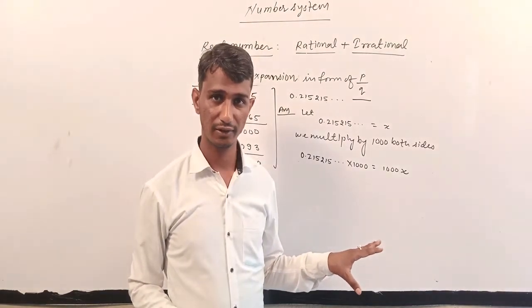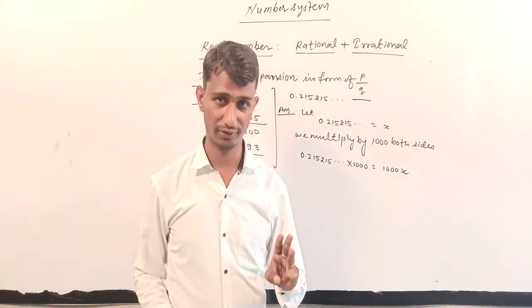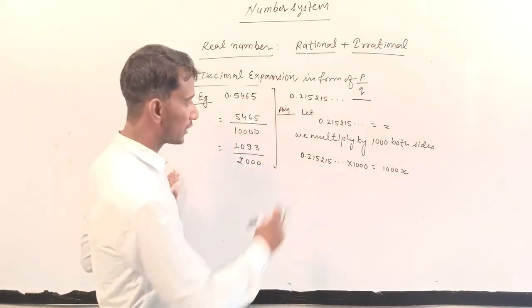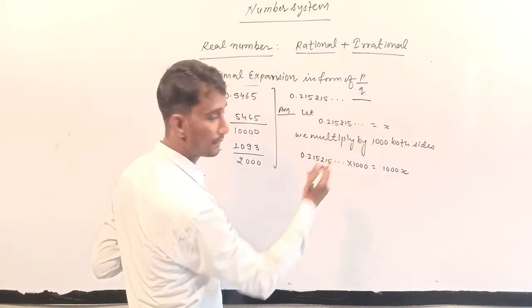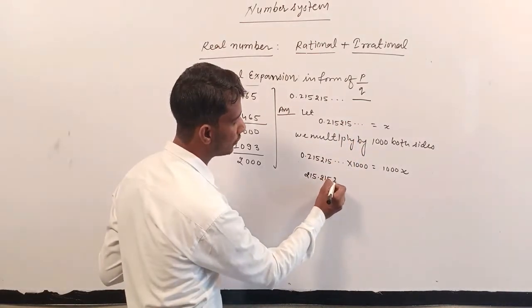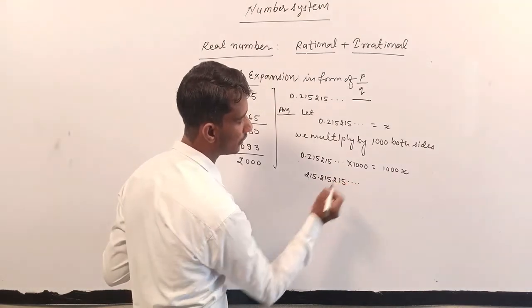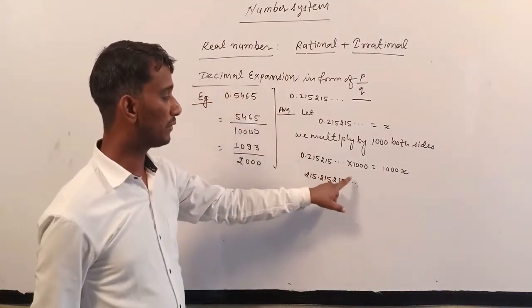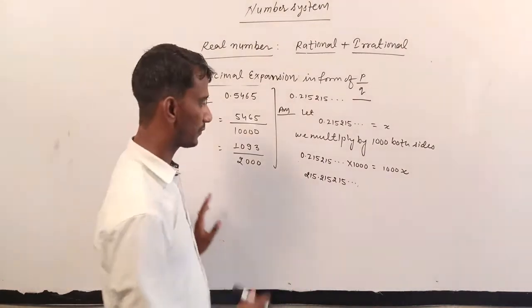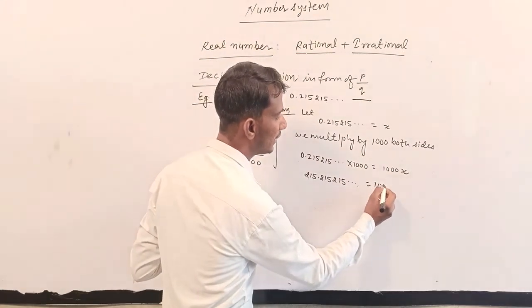How many zeros are there? 3 zeros, so the decimal moves 3 places. 1, 2, 3 forward. So we get 215.215 and so on, where the dots mean you can extend the repeating pair as you choose, is equal to 1000x.